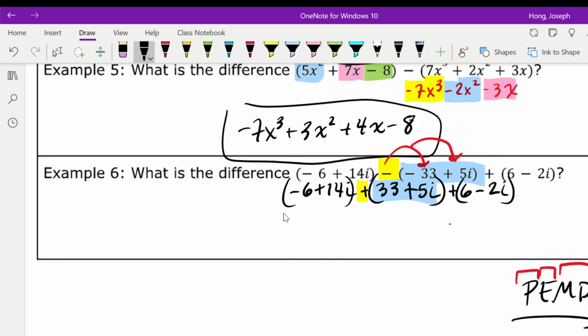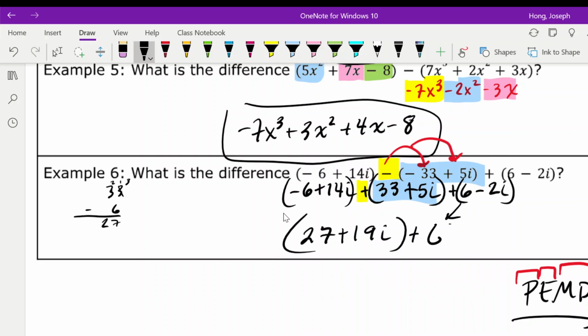So negative 6 plus 33 is 27, and this is going to be 14 plus 5, that's 19i. And of course, we're not done yet because I need to bring this down, plus 6 minus 2i.